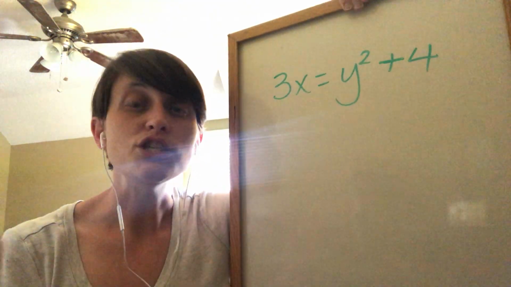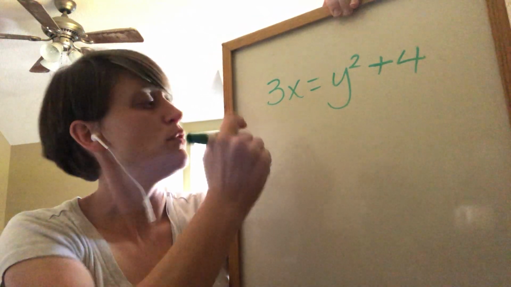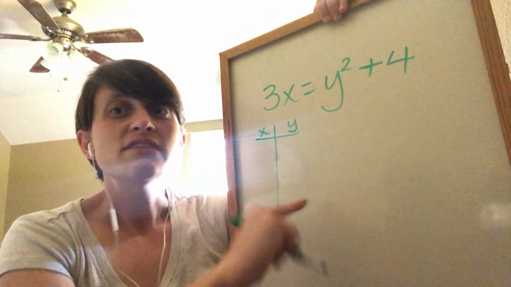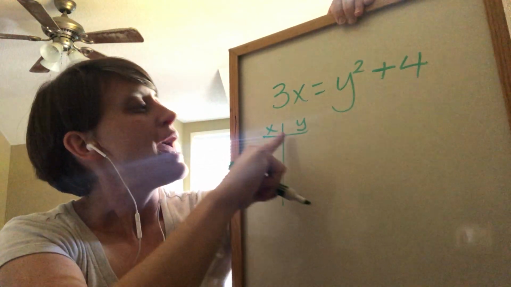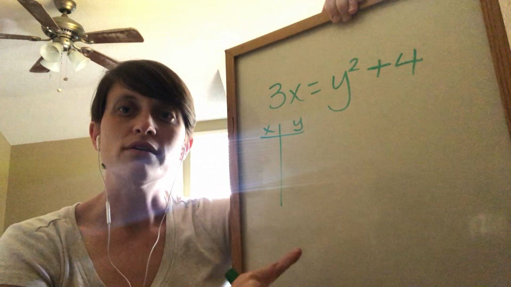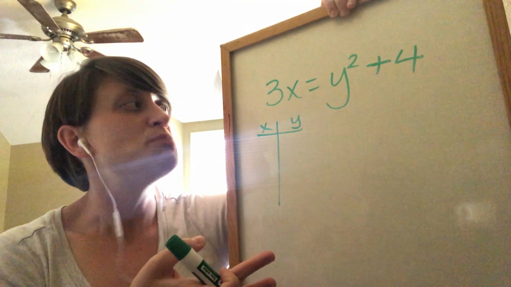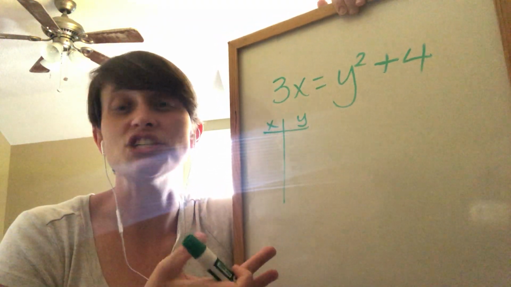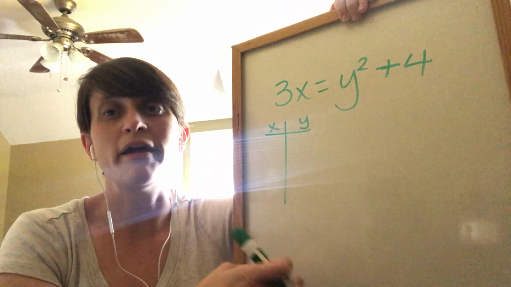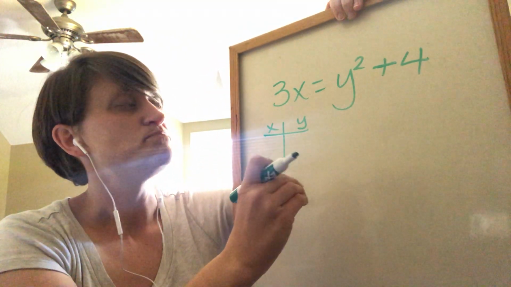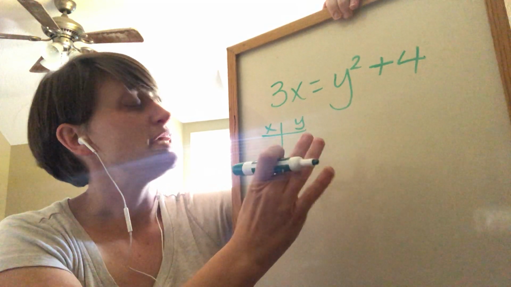Because if we wanted to, we could make ourselves a table with x's and y's, choose some values of x, solve for y, and we would get a list of ordered pairs here. We haven't ever graphed anything like this before, but it does count as a relation because we could list ordered pairs. There'd be infinitely many, but we could do it. So it counts as a relation.